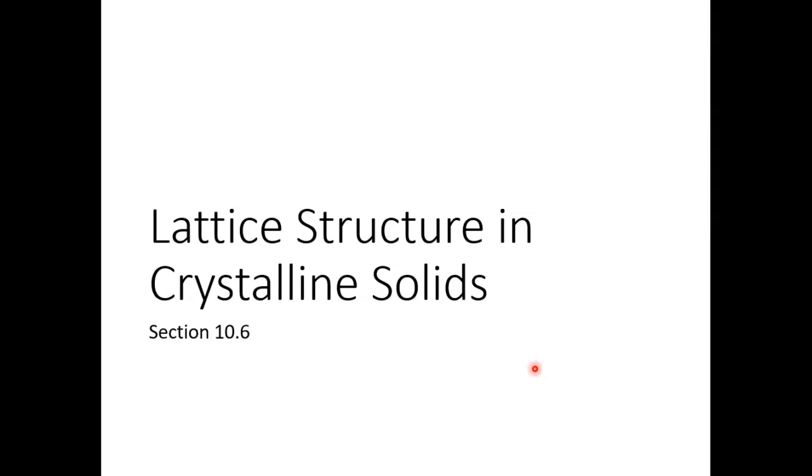This is called a lattice structure. The classification of a crystalline solid, what kind of order does it form, what kind of pattern does it form, is called a lattice structure.